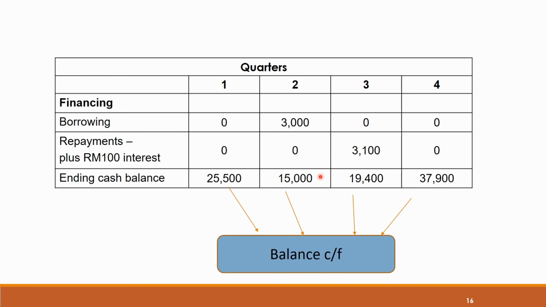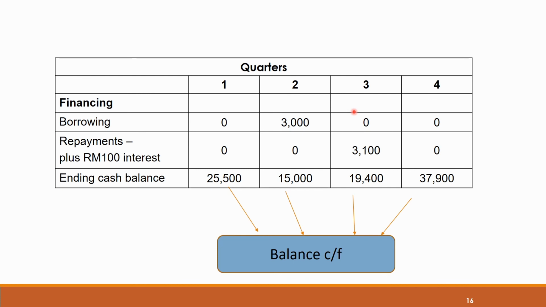So you can get this amount. This amount you must carry forward to the third quarter as the beginning balance. After that, you have to do the same thing. You have to add the total receipts and the total available cash. Then you have to compare with the cash disbursement.